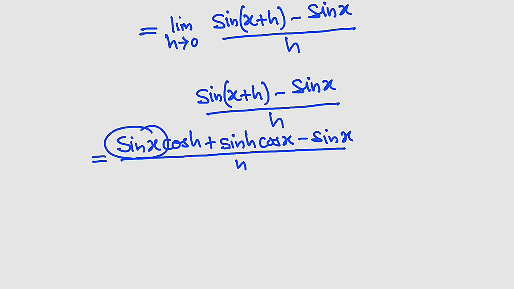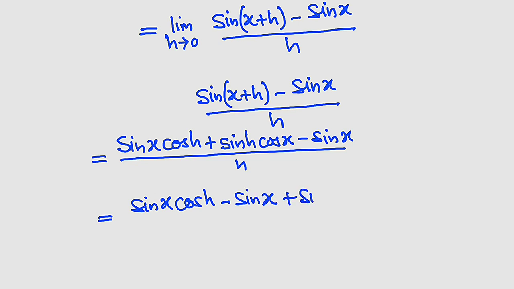We have sine x here and sine x here, so you can bring them together. This is equal to sine x cos h. This is not hyperbolic cosine, please. This is cos of h. Then minus sine x, because we are collecting like terms, plus sine h cos x. Don't forget, divide by h.